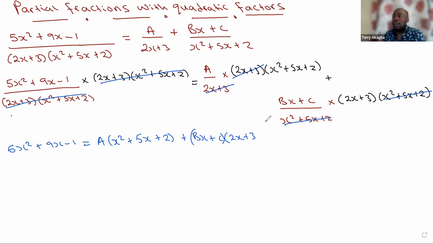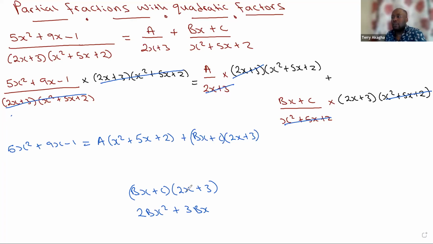As usual, you have to open the bracket. So let's open the brackets for this. We have bx plus c, and we have 2x plus 3. Bx times 2x will give you 2bx squared. Bx times 3 will give you plus 3bx. Are you seeing it?